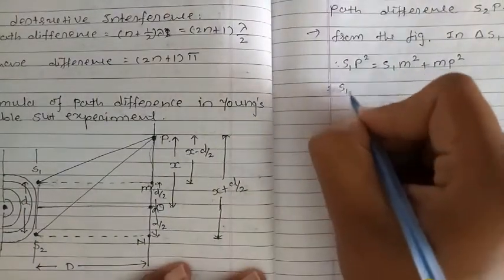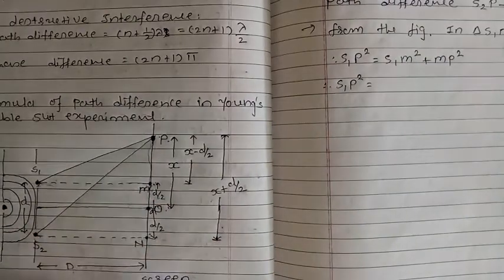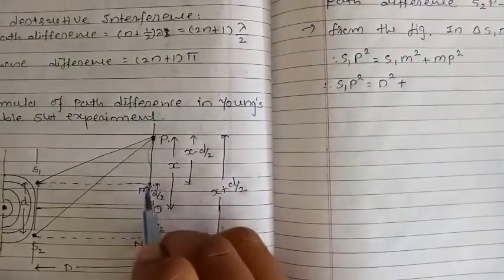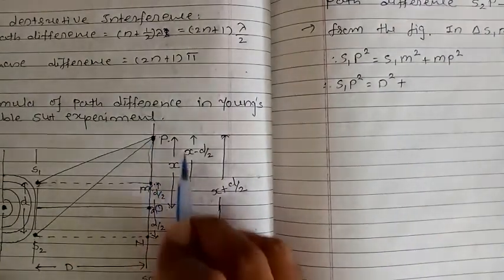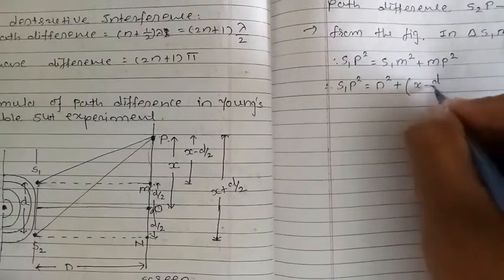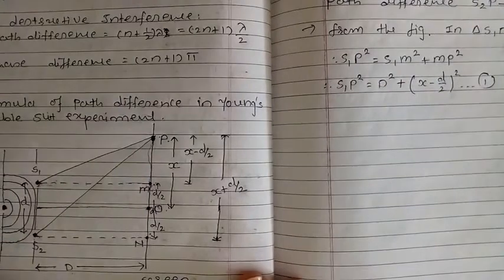S1M is capital D, so D square plus MP, the distance from M to P, is x minus d by 2, so x minus d by 2 whole square. This is our equation number 1.